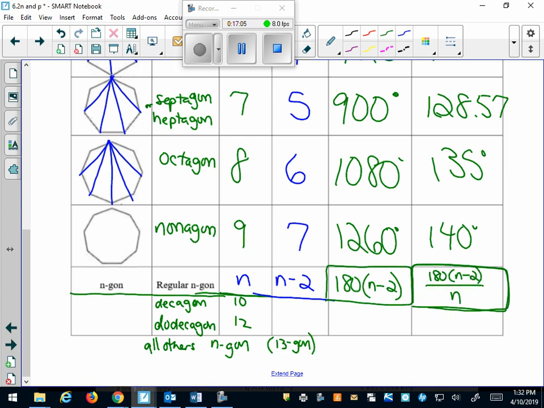Good. The sum of the interior angles is 180 times n minus 2. Divide by the number of sides, and that's how we got the measure of each individual interior angle. Remember, that can only be used if it's a regular polygon, because that's assuming all the angles are the same. Any questions?